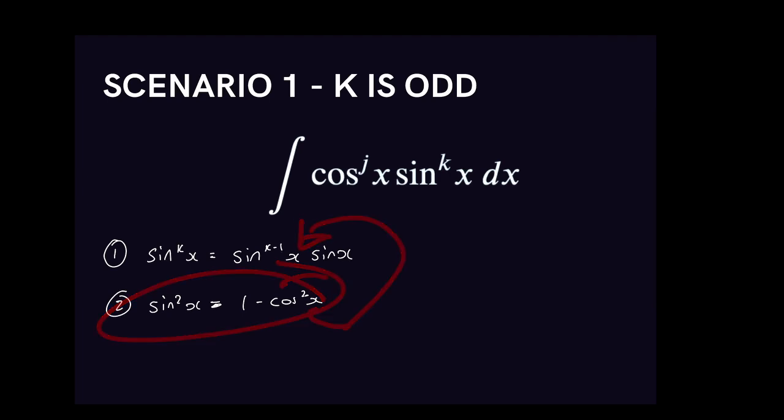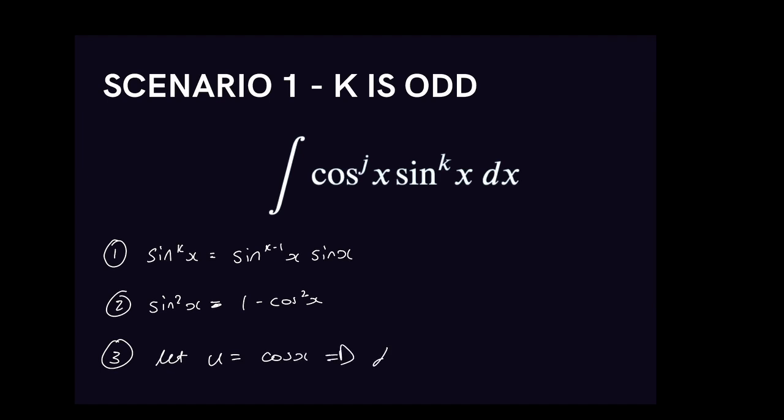Then, using that, we can use a substitution: let u equal cos x, which implies that du equals negative sin x dx. It doesn't really make sense just looking at this, so let's get to an example.